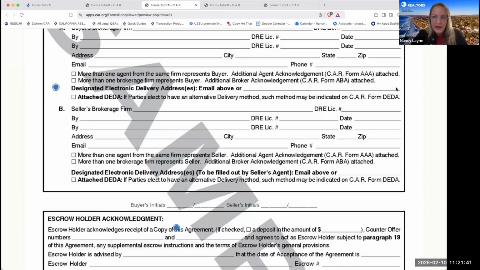And that is, if you have, for example, mom and dad living in a property and their 35-year-old son lives with them, or they have a caretaker with them, or even if the wife is not on title, they have to have a TOPA form signed, which essentially says that they're a tenant in that property and will be until the close of escrow, at which time they'll move out.